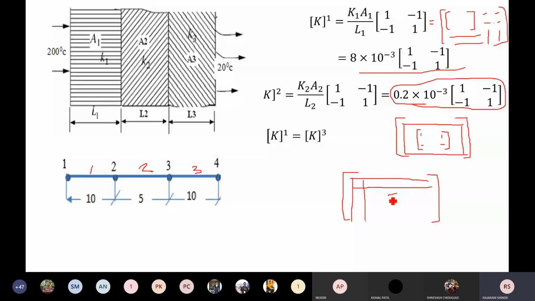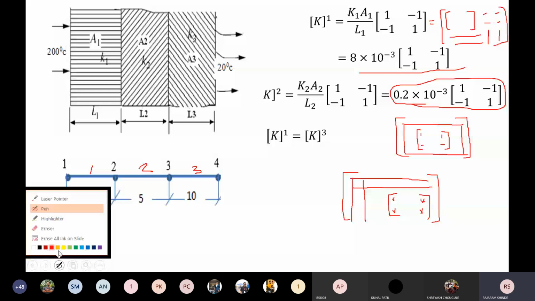Your conductivity matrix is at this location. It is at 3 3, 3 4, 4 3 and 4 4. Okay, these terms are only non-zero. That means these terms are going at this location. Okay, and by putting them at the appropriate location, you do the addition of all these conductivity matrices.